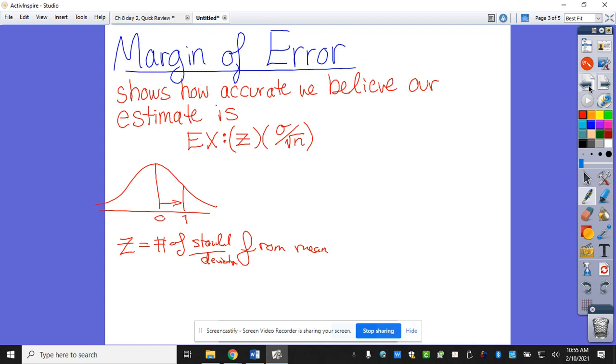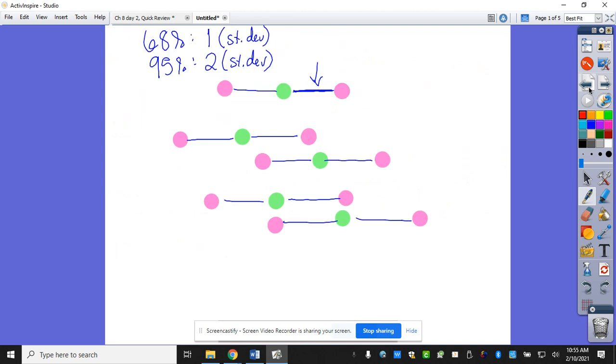Alright, so you just told me green dot is point estimate, blue line is margin of error. So without numbers, how do I know where this goes? Using those terms, how do I know where to put this? I start at my, and then do what with it?